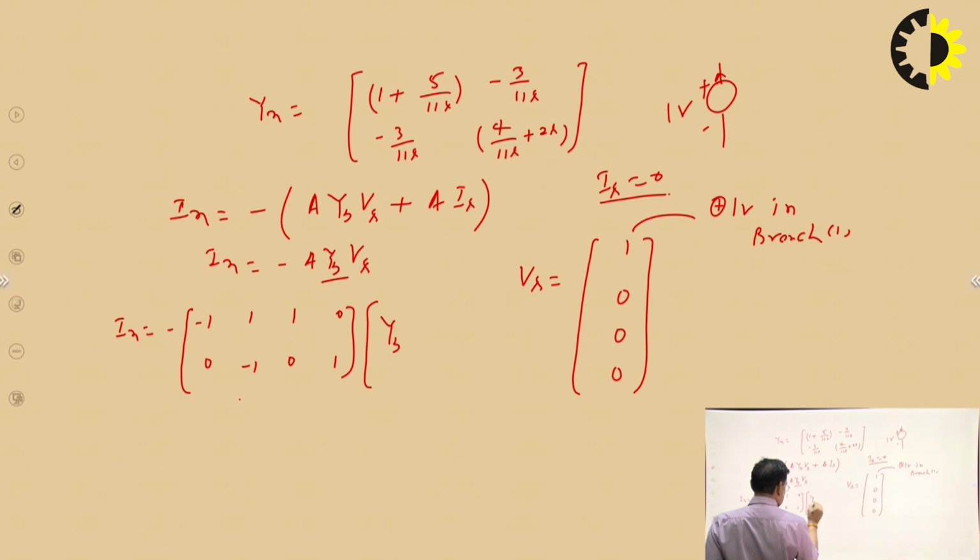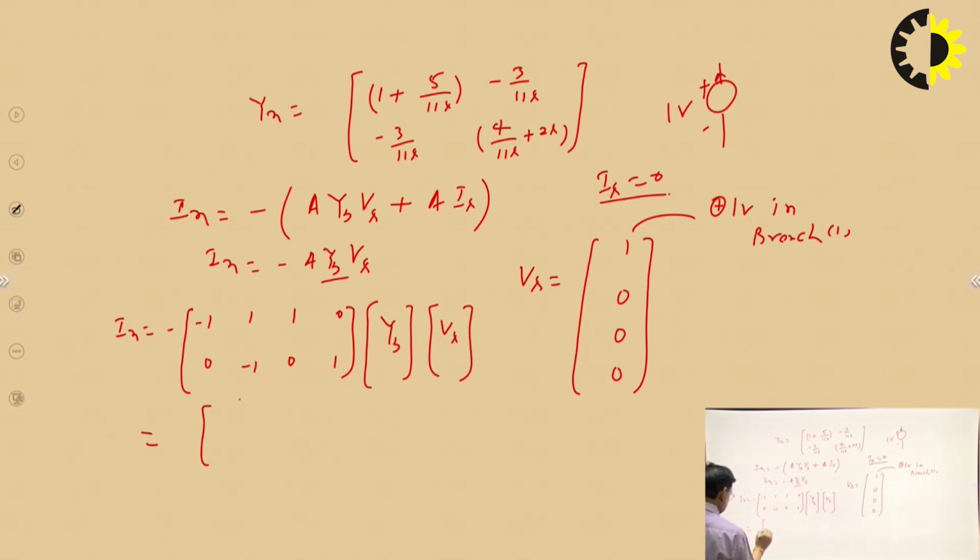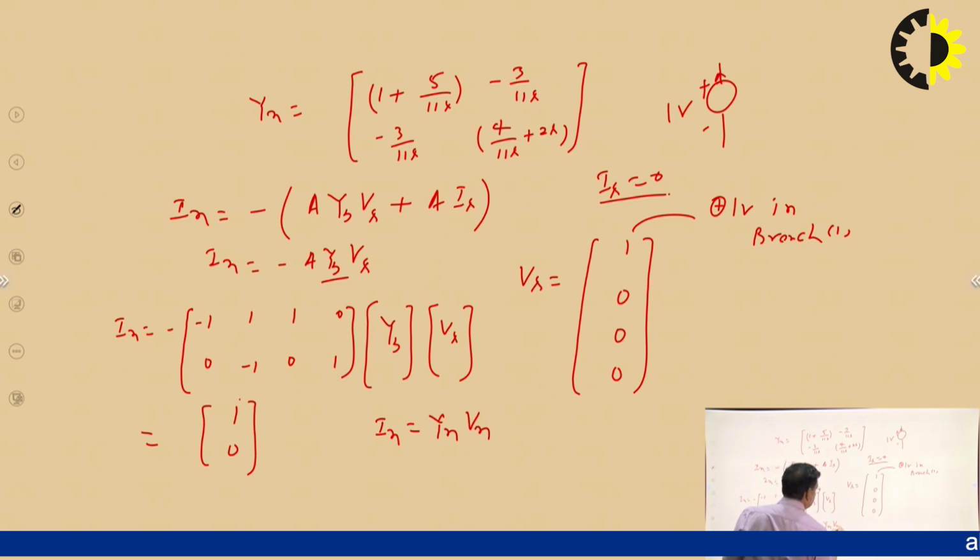Then we write here the B matrix, then here the Vs, and on multiplication we get 1 0. So In is Yn Vn, so 1 0 is In, and Yn we have calculated on multiplication.